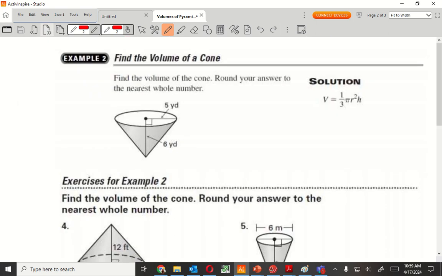Next one, we're going to talk about some cones. Find the volume of the cone, round your answer to the nearest whole number. We have the formula right there, 1/3 pi r squared h. Pi, my r, the radius in this one, radius is always from the center out to the edge, which is going to give me my radius, which is 5, squared times my height, 6.